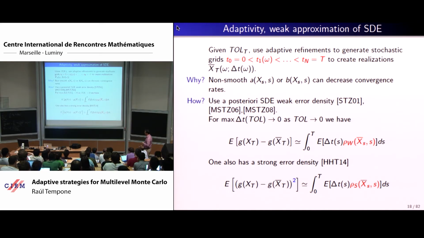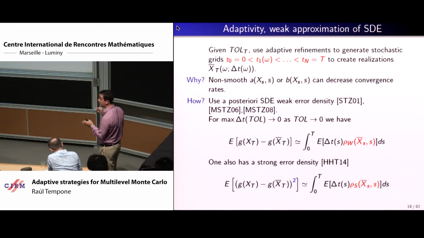Essentially, you need to introduce an error density, which is a function rho w that does essentially not depend on delta t, so that the weak error can be split essentially in contributions that are coming out of each of the different discretization steps. You see here, if you discretize over the time steps, this is a sum over time steps of essentially delta t n square times rho w.